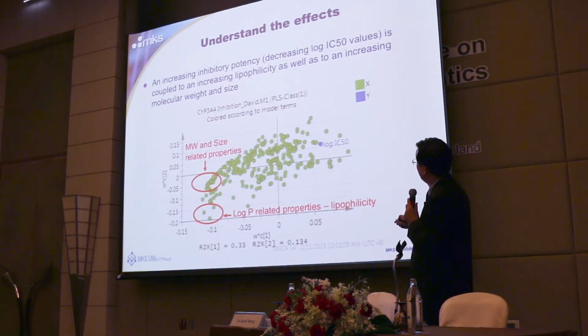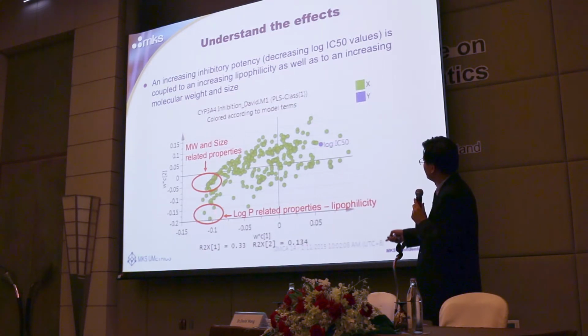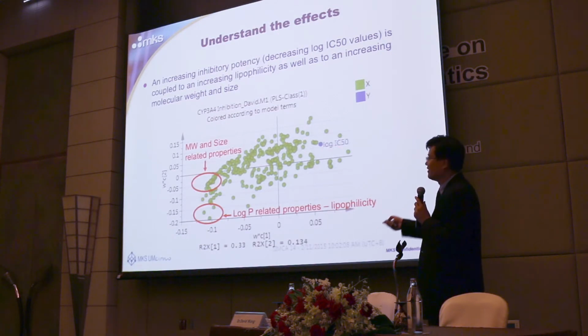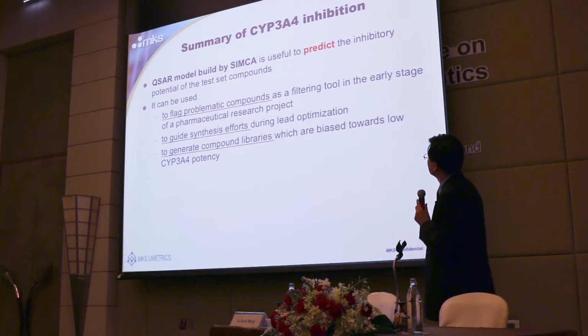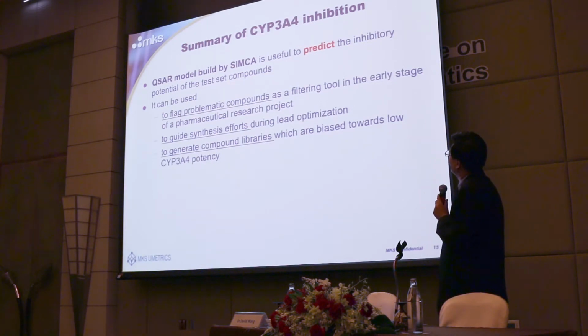So from here, in order to increase this, probably we want to decrease this, because they are negatively correlated. So here is just the example over here. Okay, so the summary of this example number 2: the QSAR model built by Simca is used for prediction.